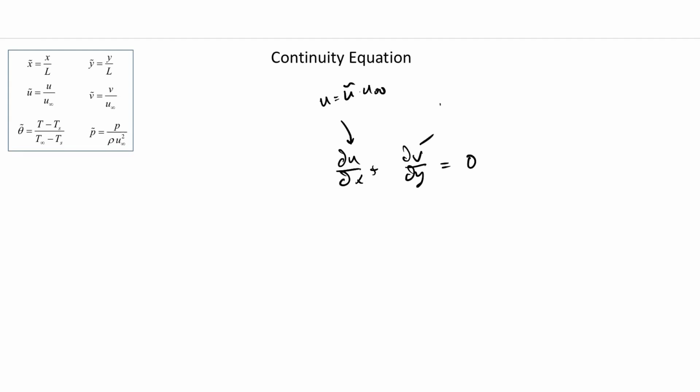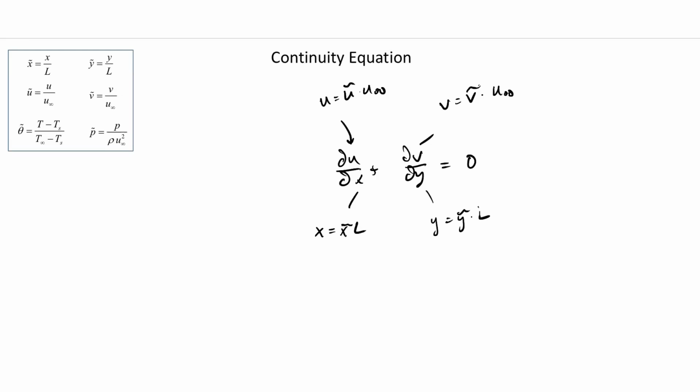This v is equal to v tilde times u infinity. Let's see what else. Here x is equal to x tilde times L, and y is equal to y tilde times L.